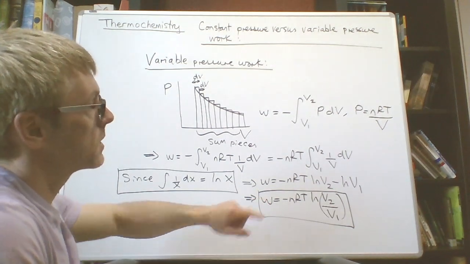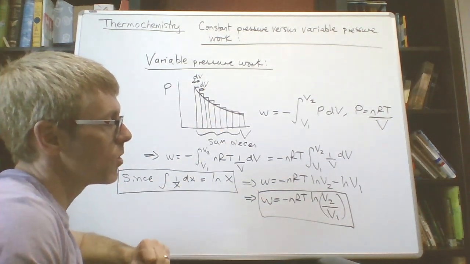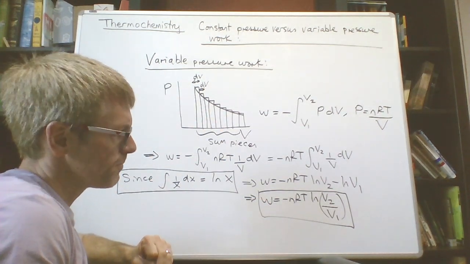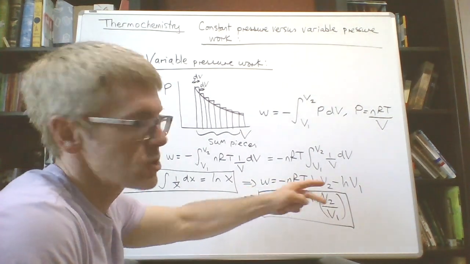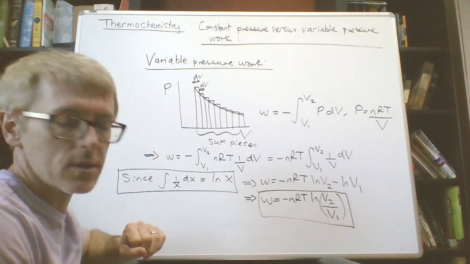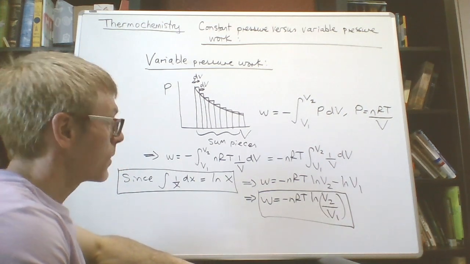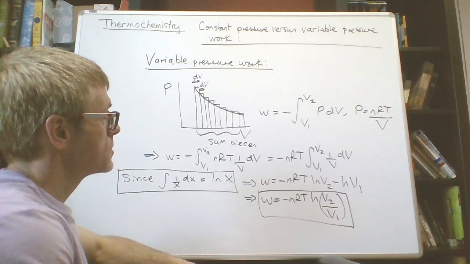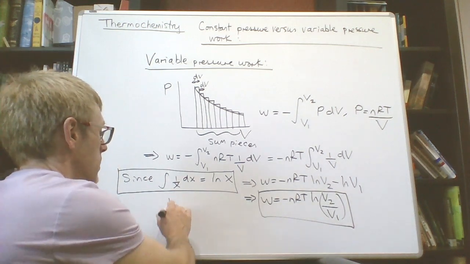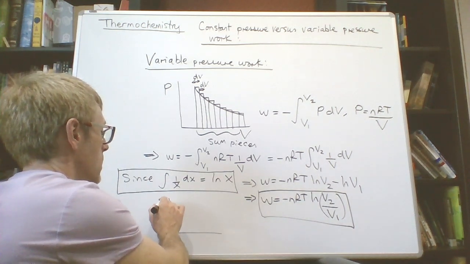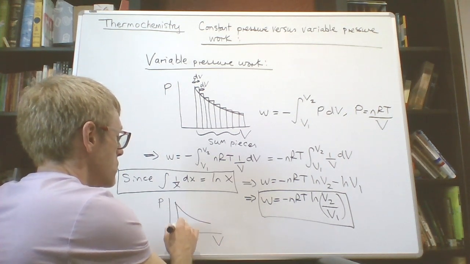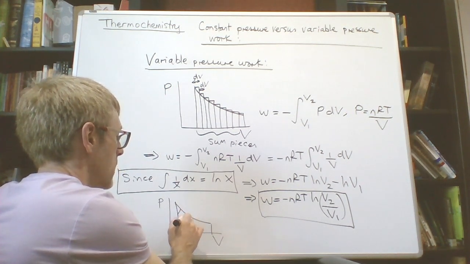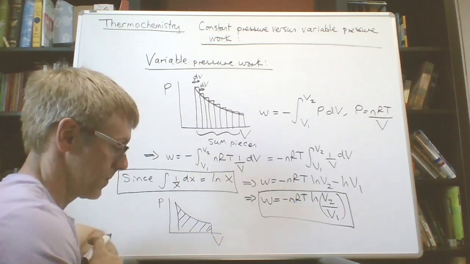And again, this is the equation that's the variable pressure work, because it's constantly looking at the ratio of volumes caused by the pressure. Okay, and this would result in, instead of an overestimation, this would literally just look at the area under the curve.